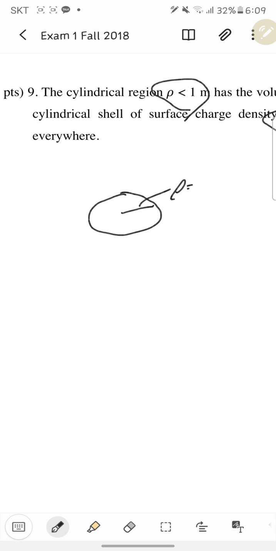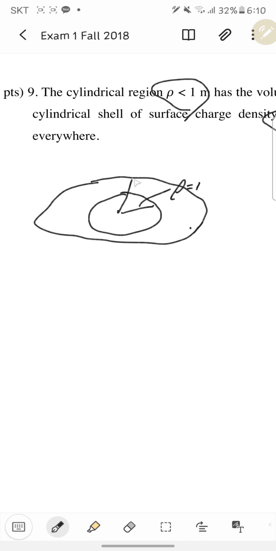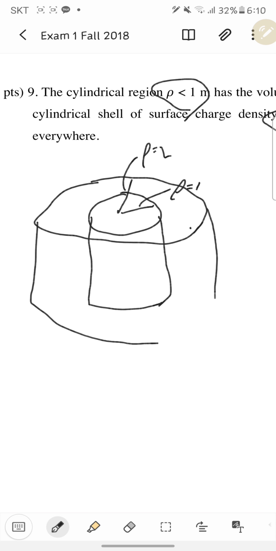So this is rho equals 1. This would be rho equals to 2. And the height would just be L. So in this case, our Gaussian surface could have 3 different cases.